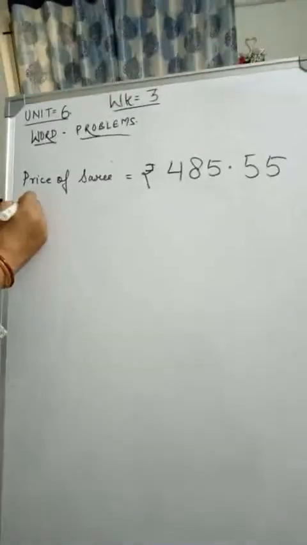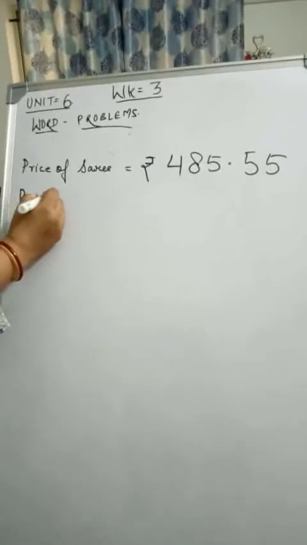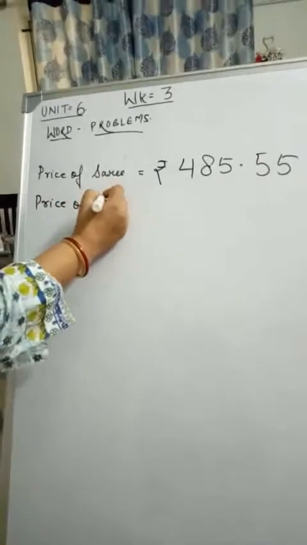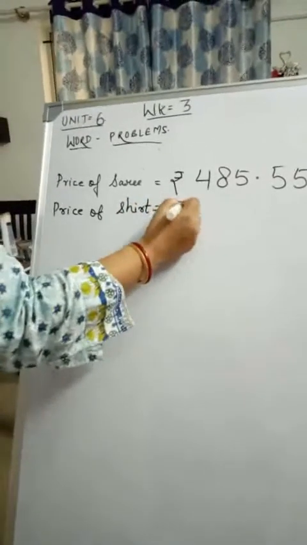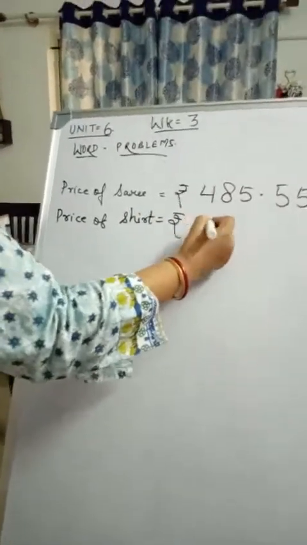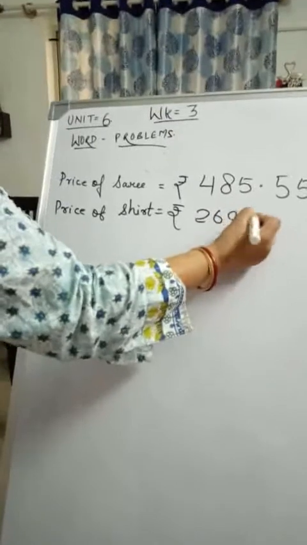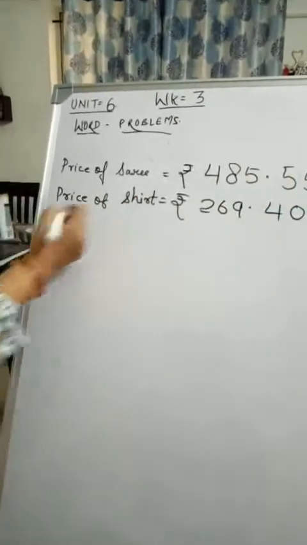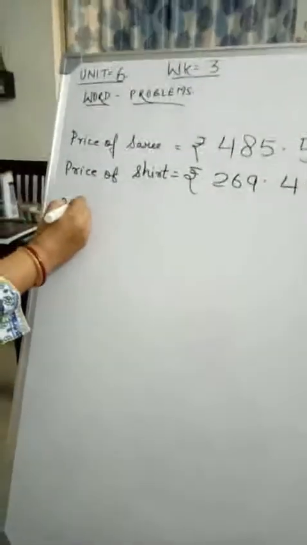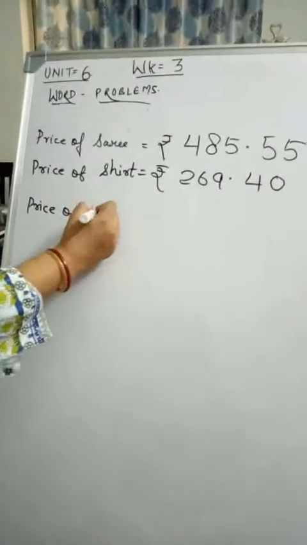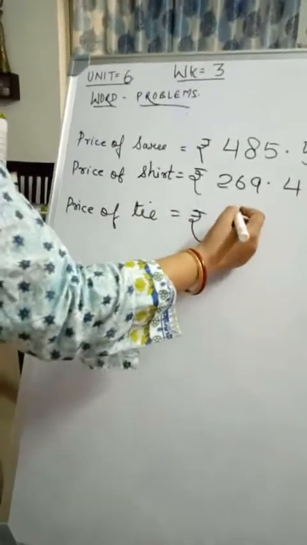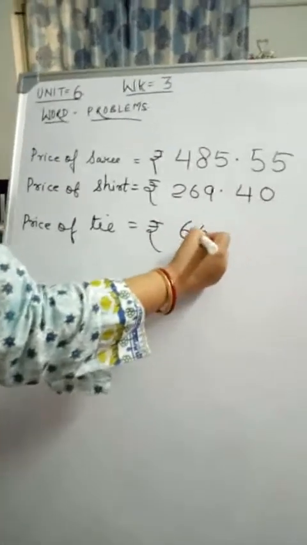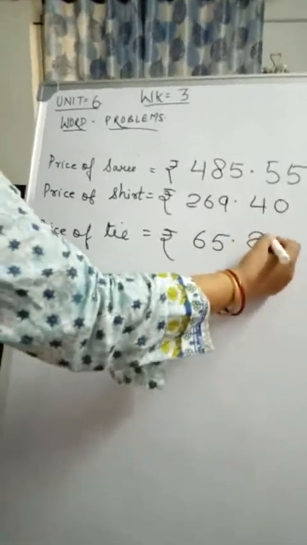And the price of the shirt equals rupees 269.40, and the price of the tie is rupees 65.25.